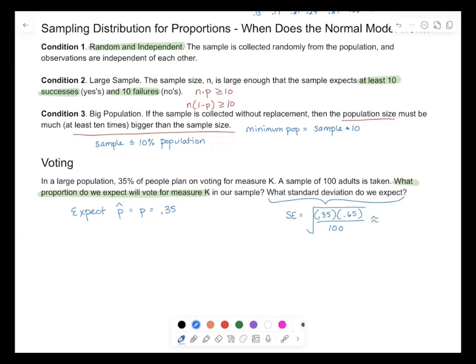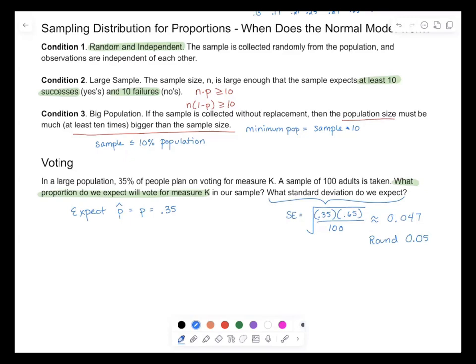And when we do this, we get something like 0.047. Now, if I was doing a homework problem that was asking for this, I would keep it as 0.047. I might even have more decimals, but in this case, I'm actually going to round that to 0.05, and you'll see why in a second.